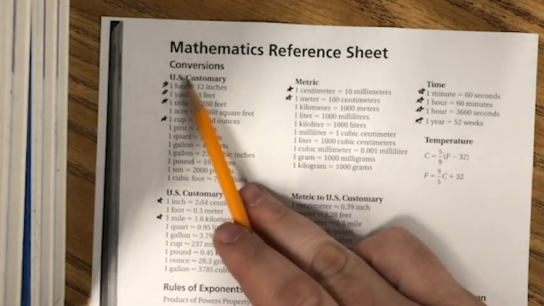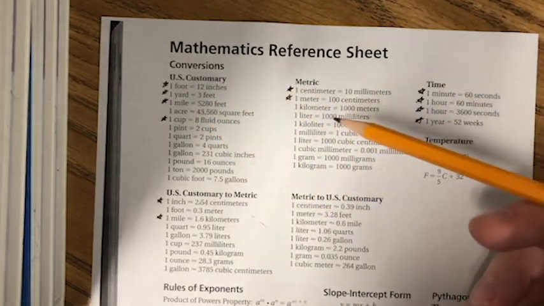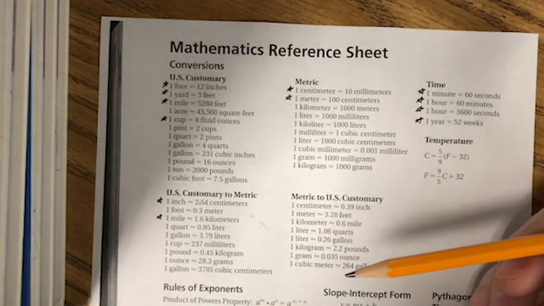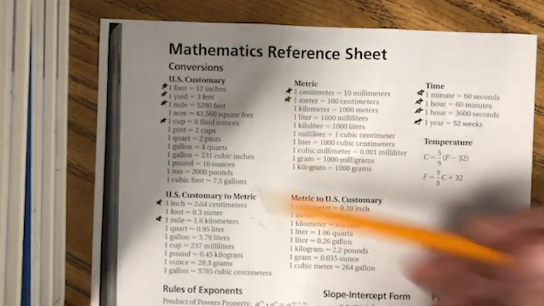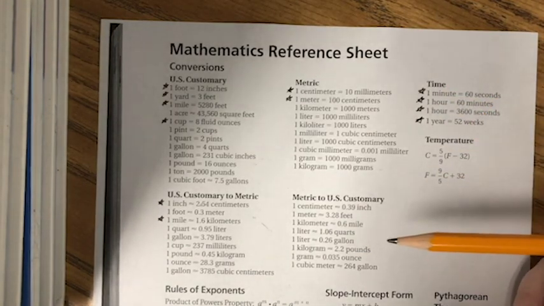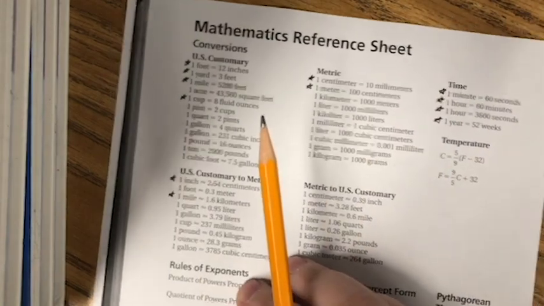So this is what we call U.S. customary, which is what we use, of course, naturally in the U.S. And as some of you are already aware, I think we're one of only maybe 2 or 3 countries now in the entire world that even uses these types of measurements. The rest of the world uses what we call metric, which you've probably experienced somewhere before.